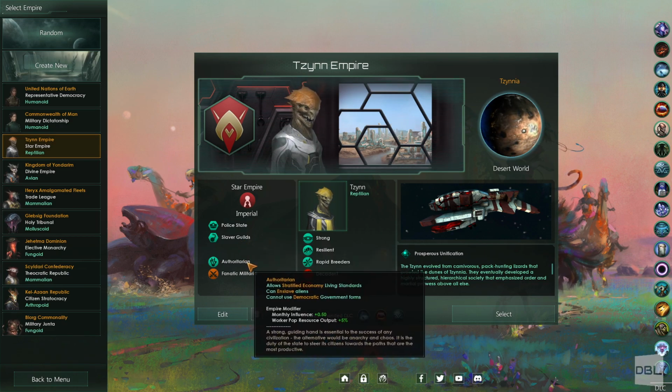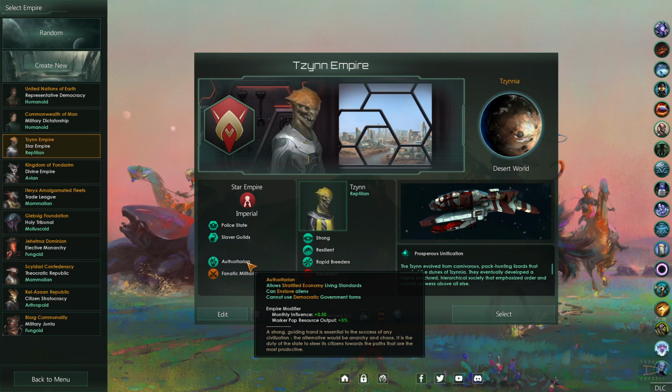Authoritarian allows stratified economy living standards. You can enslave aliens. You cannot use democratic government forms. Makes sense. Empire modifier monthly influence of plus 0.50.